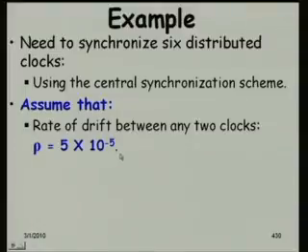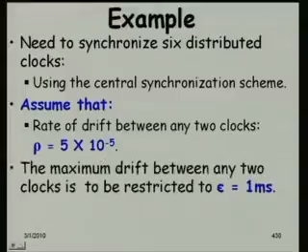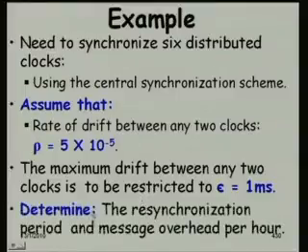There is no unit here because it is a rate of drift, this much time per unit time. Now, let us say we want to restrict the maximum drift between any 2 clocks to 1 millisecond. What is the frequency with which the master needs to broadcast, and how many messages need to be transmitted per hour?